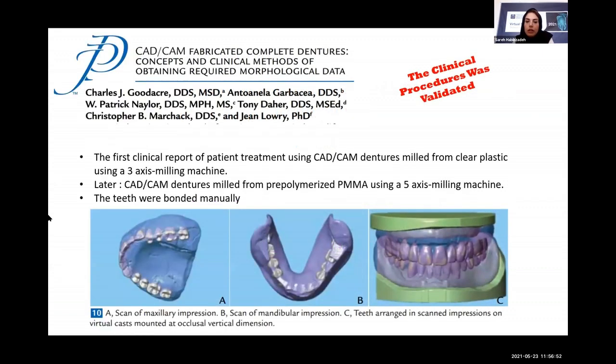But the article presented by Goodacre and his co-workers was the first one to validate the clinical procedure to make a CAD-CAM complete denture. In this article, they fabricated a prosthesis for a patient with the use of a 3-axis milling machine. So this was the first article to provide us with the details of making a CAD-CAM restoration.